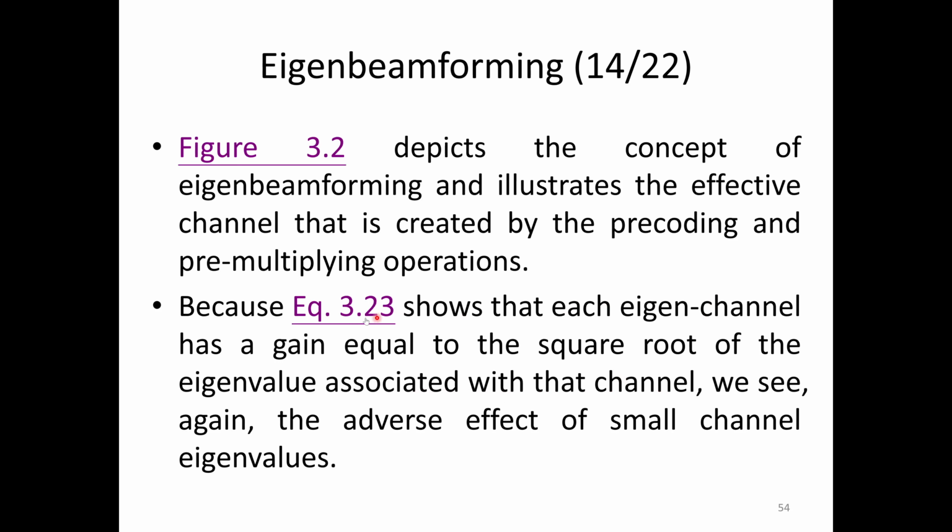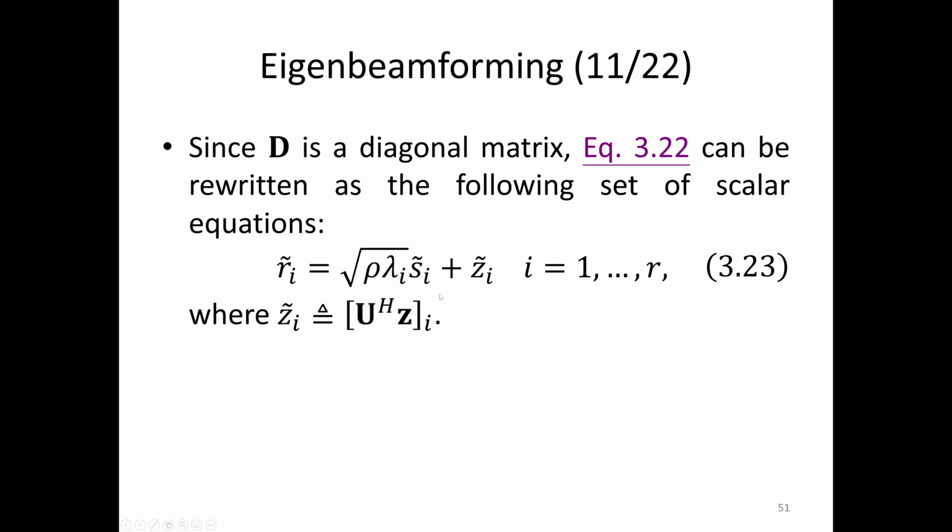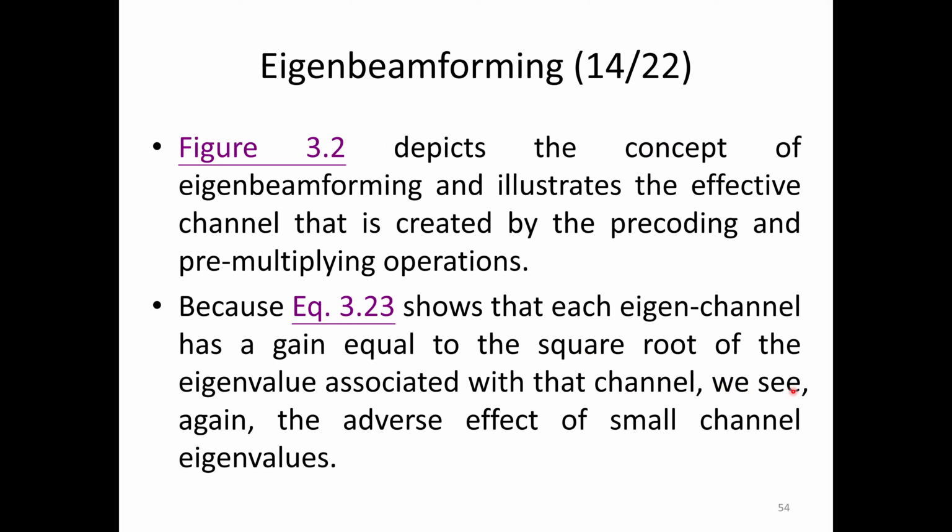Let us go back to page 54 and equation 3.23. You can see that the channel gain is equal to the square root of lambda i, where lambda i is the eigenvalue corresponding to the ith eigenchannel. We see again the adverse effect of small channel eigenvalues. So the channel eigenvalues should be as large as possible.